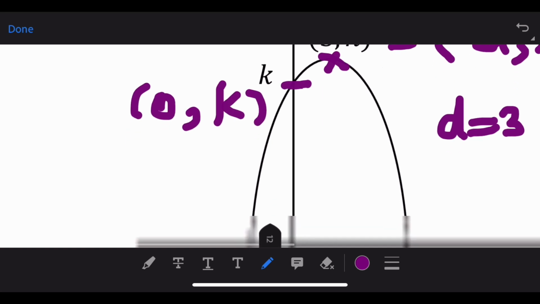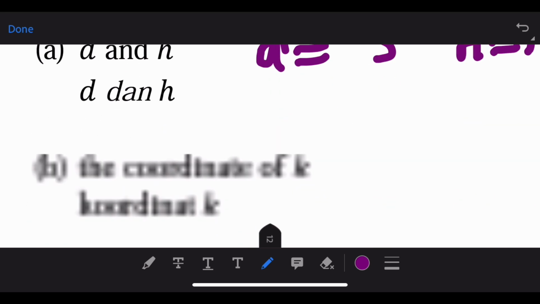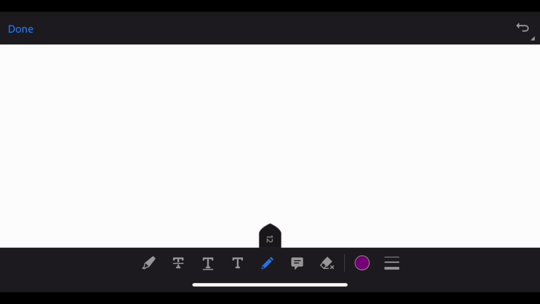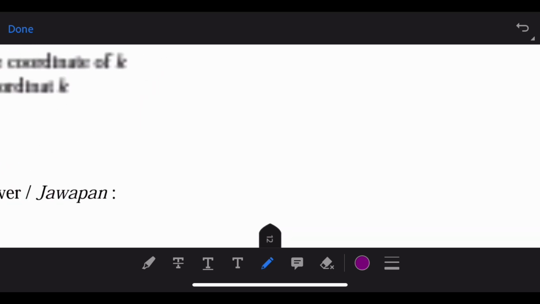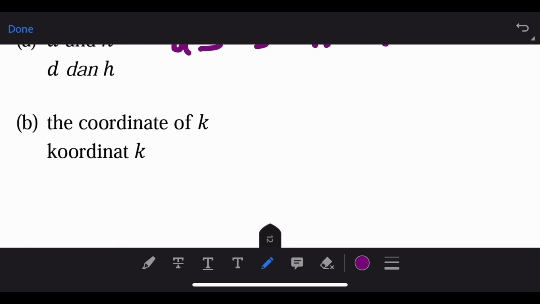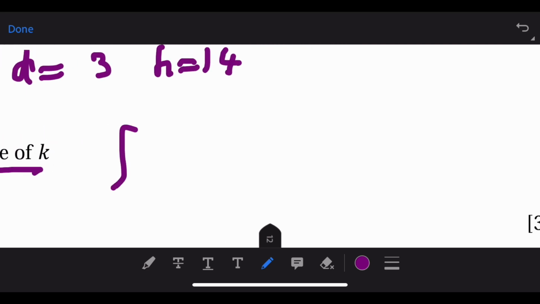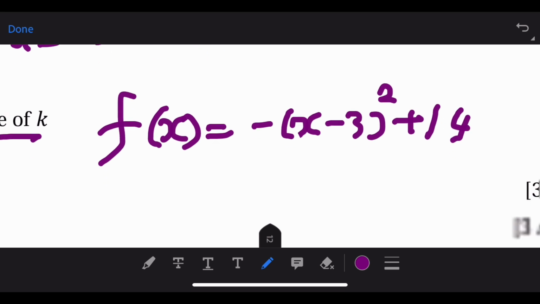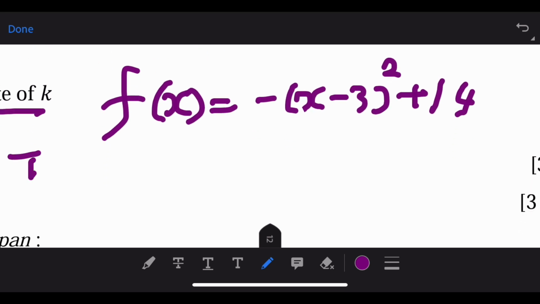For the next question, they ask you to find the value of k. So you have to write down k in terms of coordinates, coordinates (0, k), so that you can use the point to substitute into the function. For your information, the function is actually the y value. When we talk about the function, it means y. When we talk about the curve, it also means y.